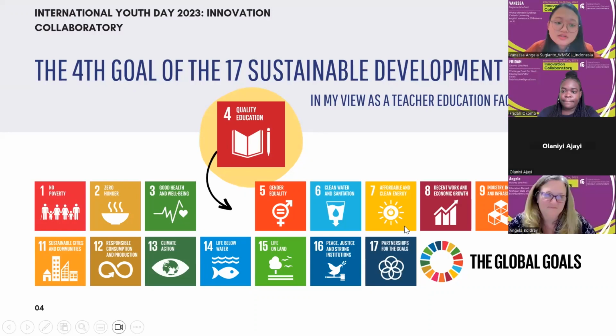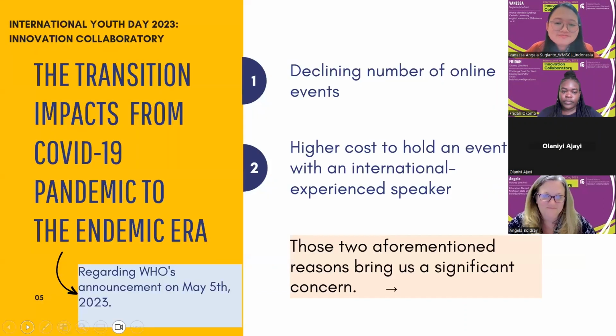For example, when we want to reach the first goal, no poverty, or the 8th goal, decent work and economic growth, they won't happen when we don't have good quality of human resources. That's why education really matters. Next slide, please.